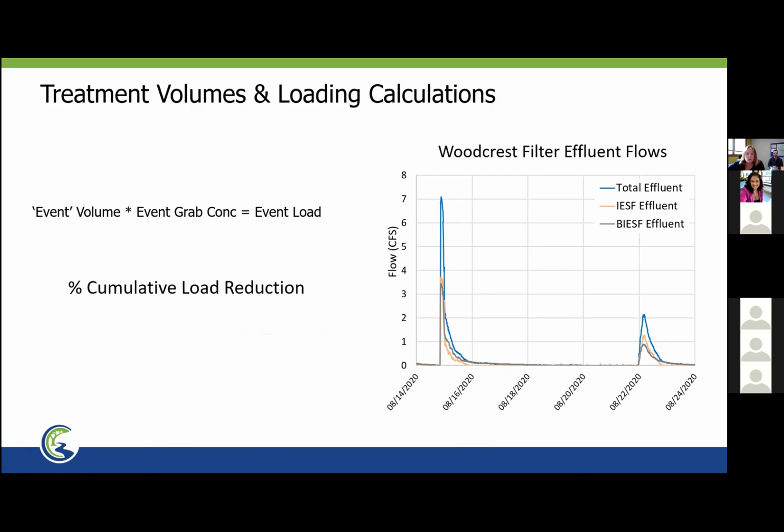This graph is what our output looks like from our area velocity sensors at Woodcrest filter. We have one measuring the total filtered volume, and then we have one measuring all the volume coming off the biochar cell, and that's in gray here. And then the difference of those is all the water that's coming through the iron enhanced cell.